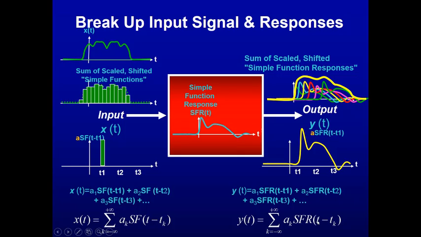That's going to underlie the principle of convolution and superposition that we're going to use as one technique to determine the output of a system for a complicated input signal. And that only works because our system is linear and time invariant.